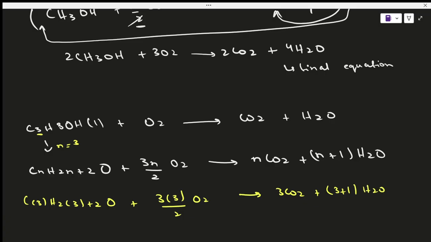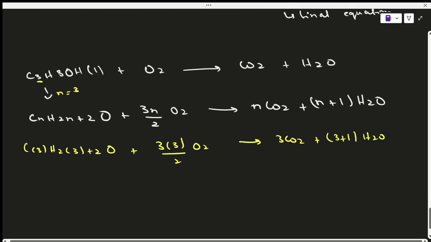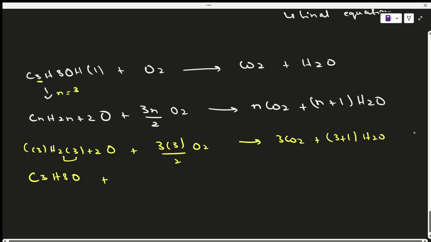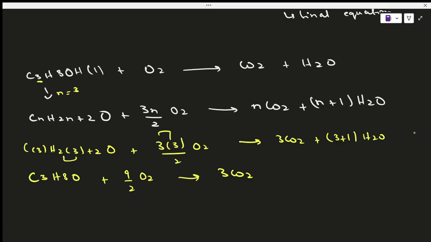And now you can have the final equation. So that's going to be C3, this is 6 plus 2 is 8. So that's C3H8O plus this is 9, and that's 9/2 O2. And then you're going to have 3CO2, that's going to remain the same, plus 4H2O.